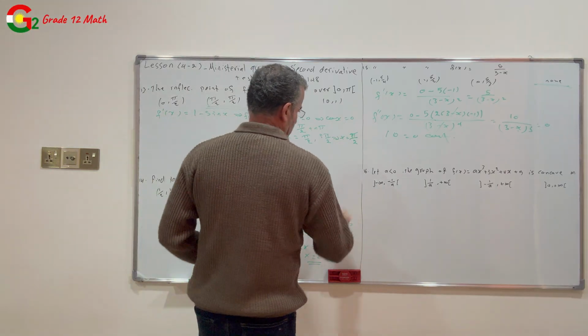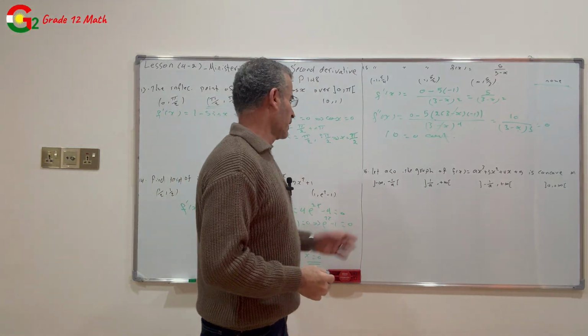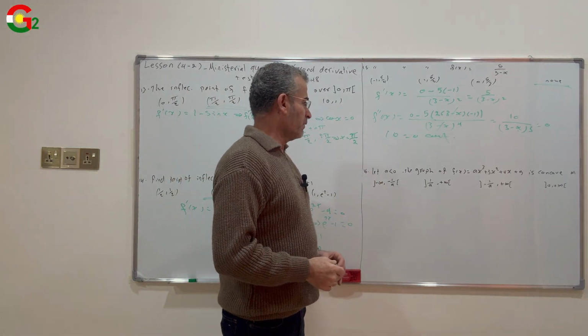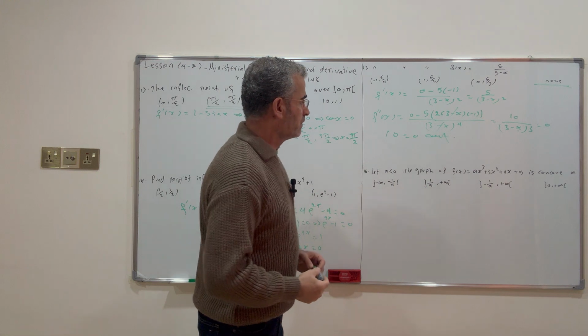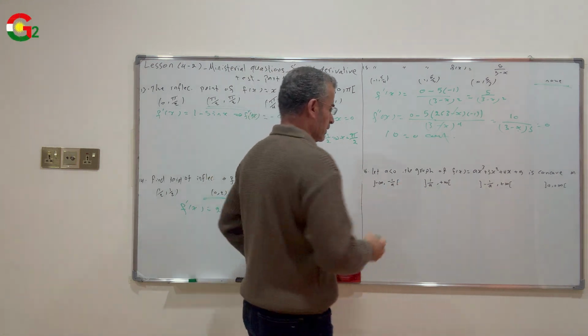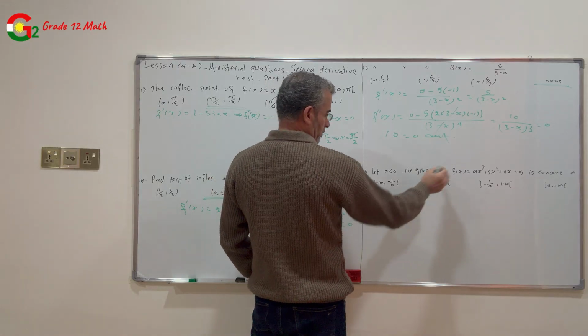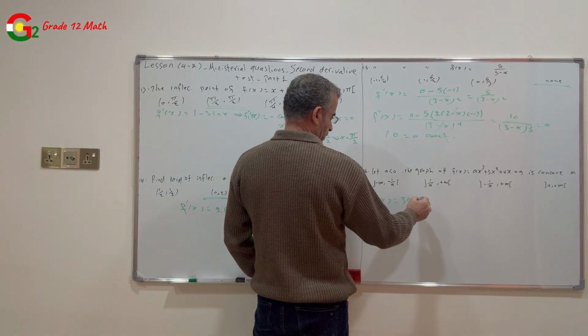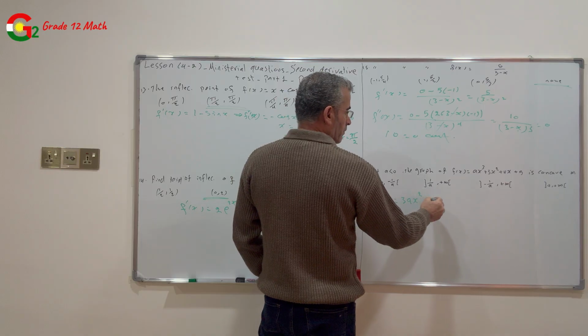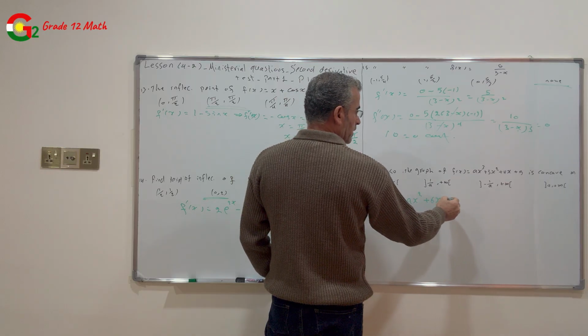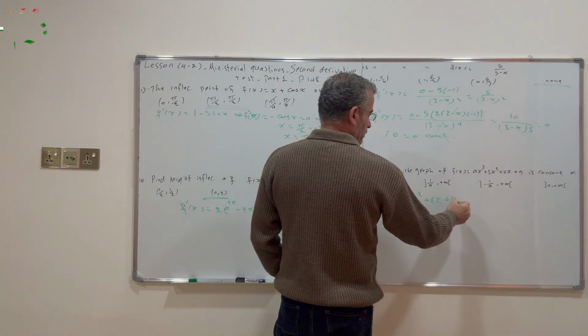Question number 16. Let a less than 0, a negative value. The graph of f of x is concave on which of the following intervals? The first derivative, f prime of x equal to 3ax power 2 plus 6x plus 4.